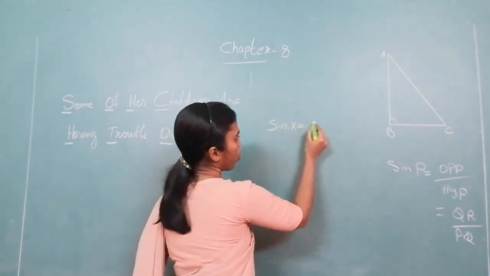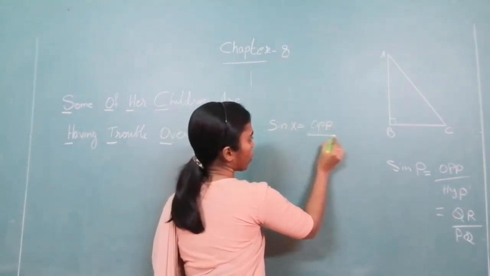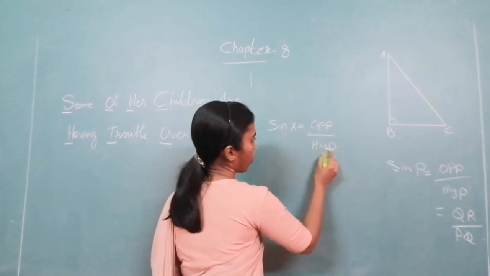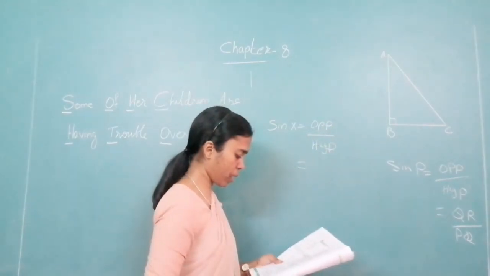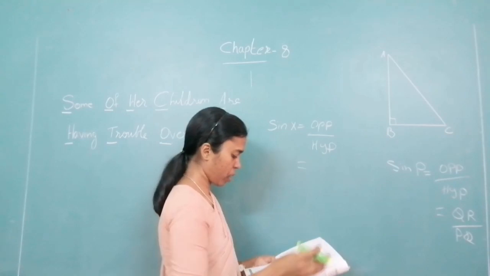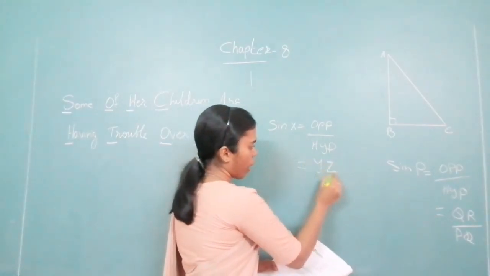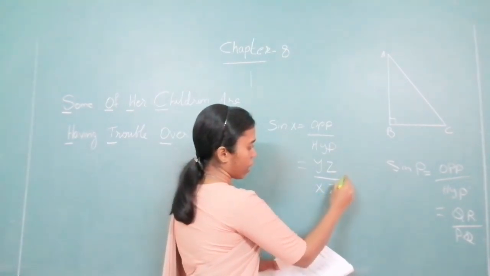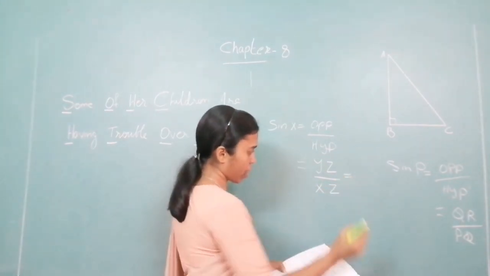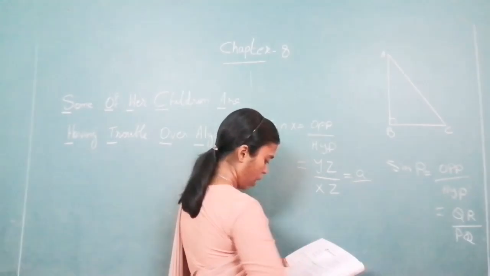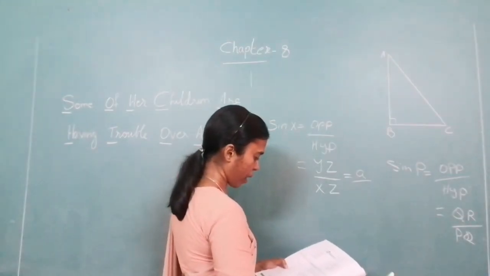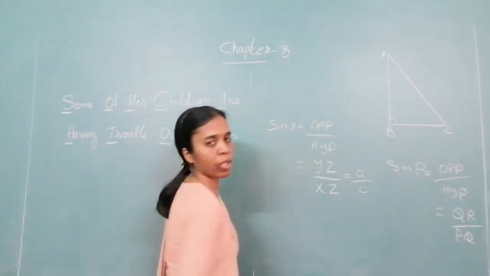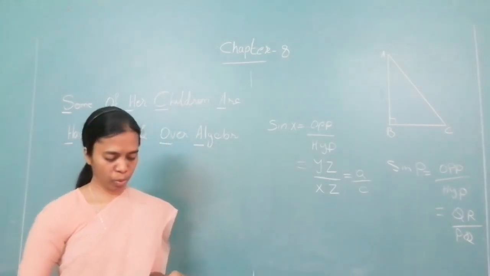Sine X. Sine you know is opposite upon hypotenuse. Now look at X, which is the opposite of it? YZ. YZ upon which is the hypotenuse? XZ. Now what is the measure of that YZ given to you? a. Upon, what is the measure of XZ given to you? c. So you have to just substitute the value and put it over there.